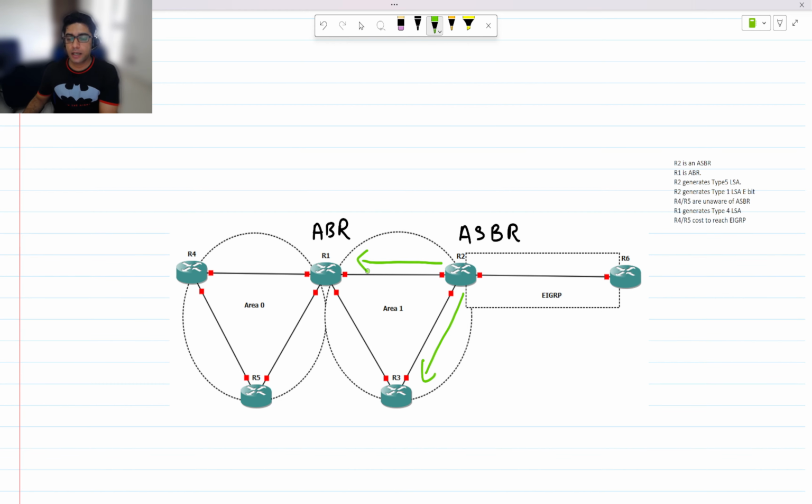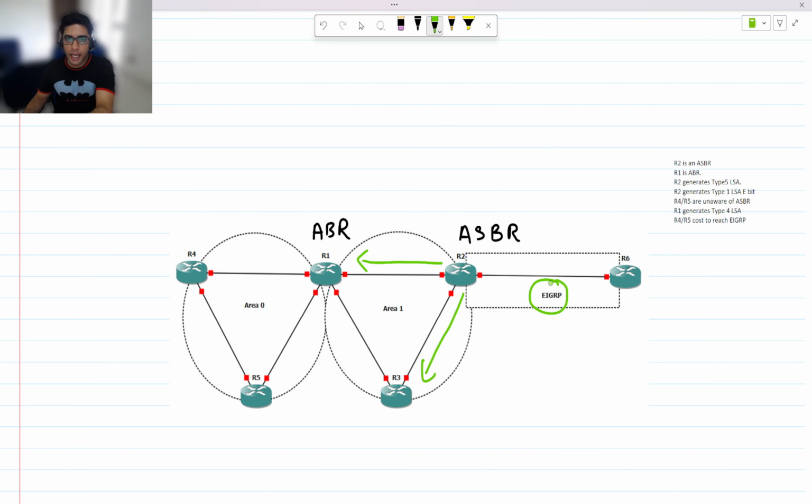Now please remember that LSA 5 does not belong to a particular area. The reason is that in LSA number 5, R2 is talking about the EIGRP network, and the EIGRP network does not belong to an area.